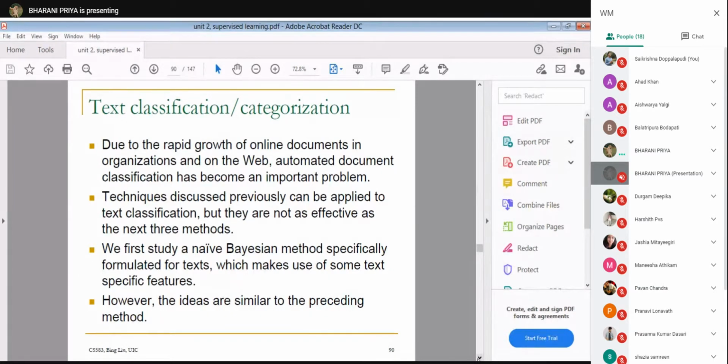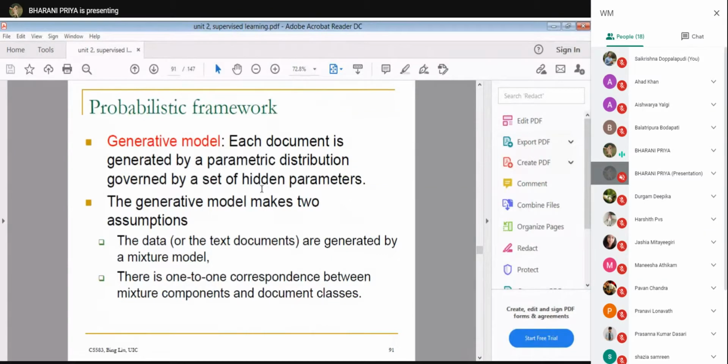But the idea is similar to the preceding one. We are using a probabilistic model for classification of documents, called the generative model.